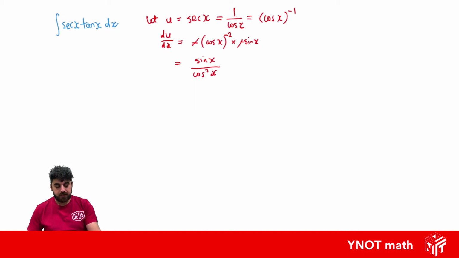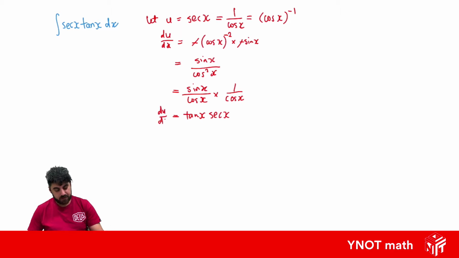And just to make this a bit easier, we're actually going to rewrite this as sine x over cos x multiplied by 1 over cos x. Sine x over cos x is tan x, and 1 over cos is sec x, and this was equal to du dx.